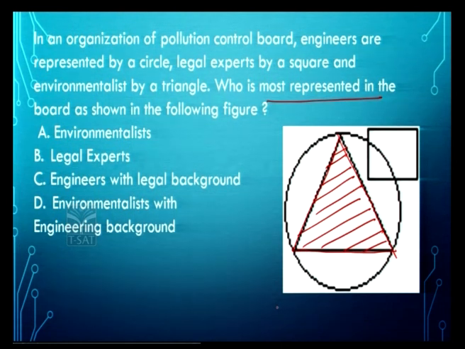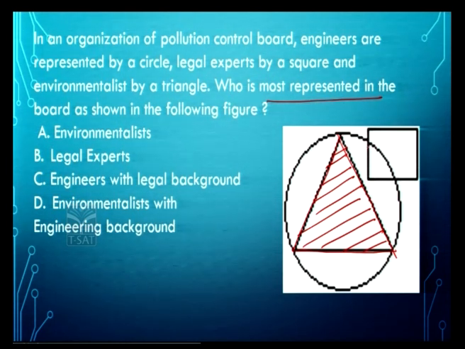So, the engineers with an environmental background, or environmentalists with an engineering background, is the correct answer. The options given are: environmentalists, legal experts, engineers with legal background, environmentalists with engineering background. So, the correct answer is environmentalist with engineering background.